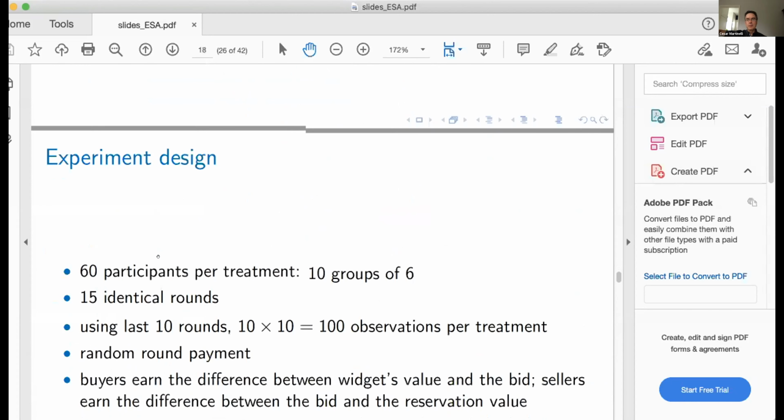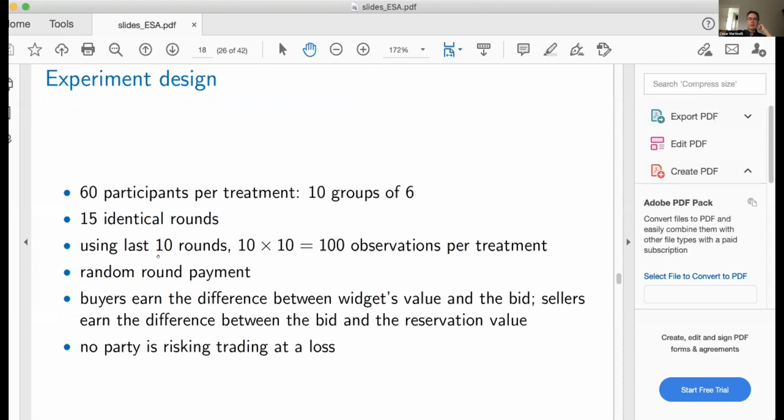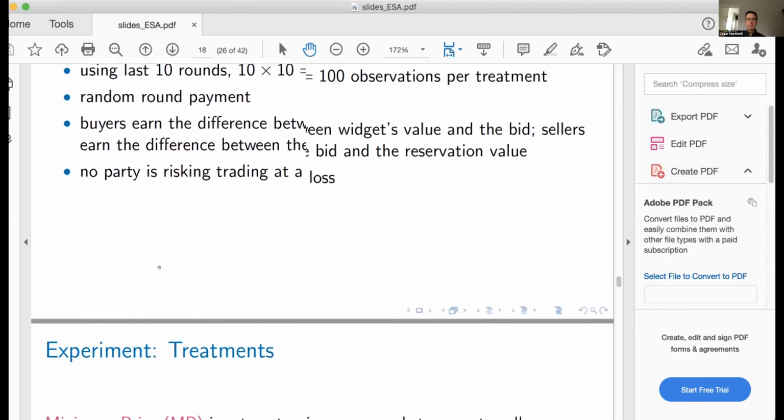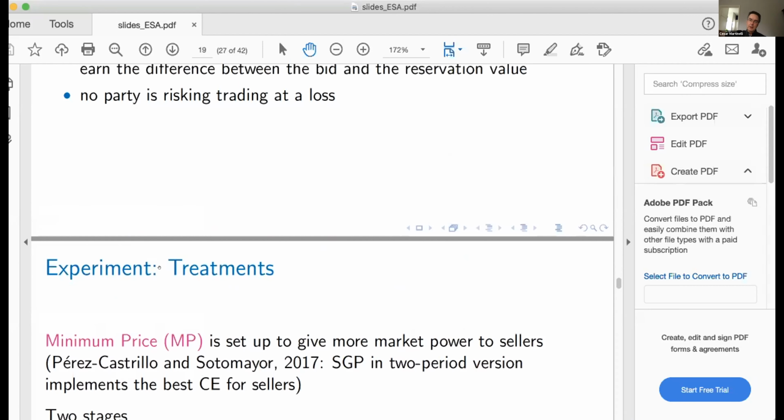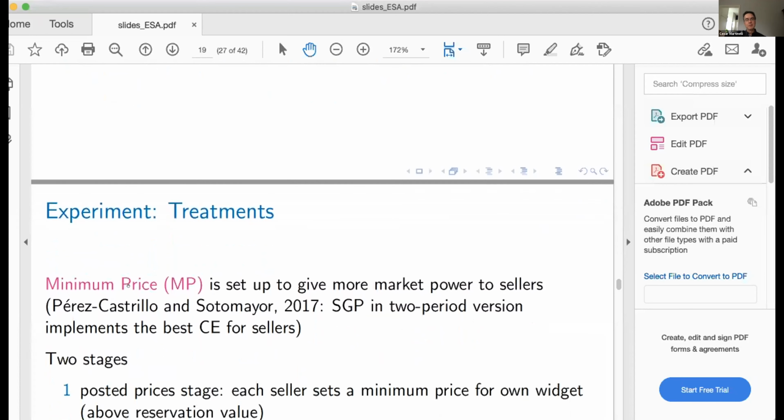Now in the experiment, we have 60 participants in 10 groups of 6. We have 15 rounds, as is all very standard. We use the last 10 rounds, and we implement 3 treatments. Two of them resemble auction environments. The last one resembles a pit trading situation, this conversation.